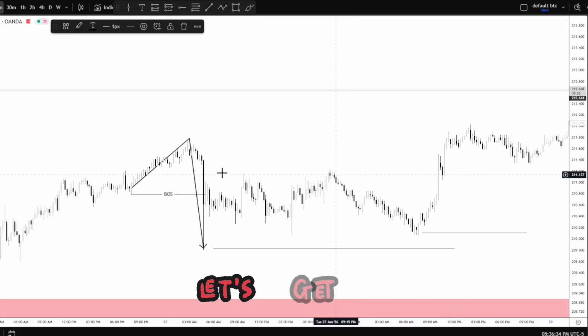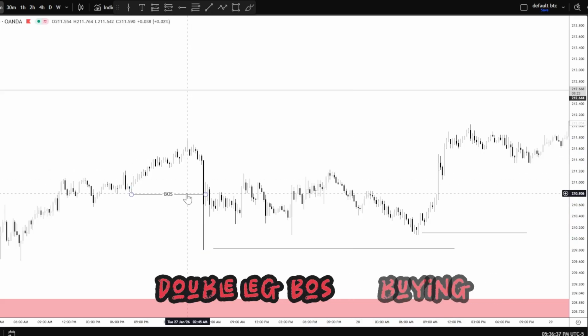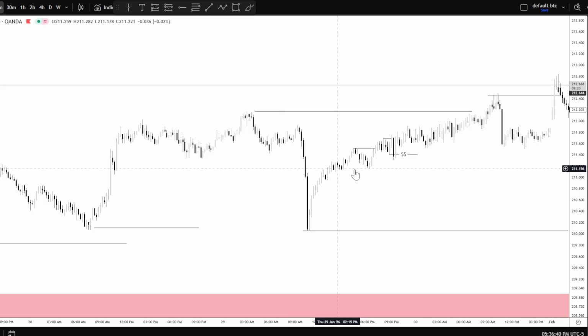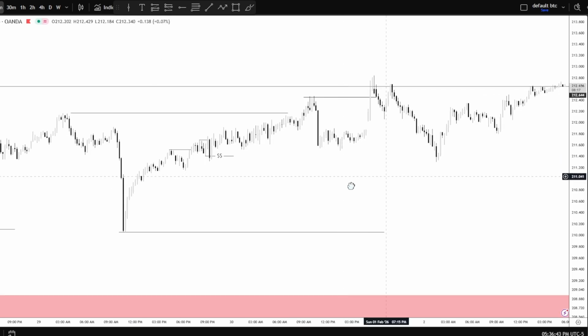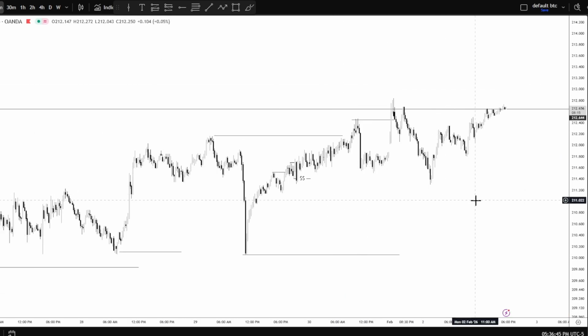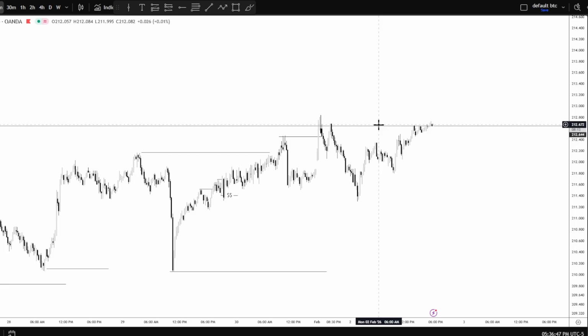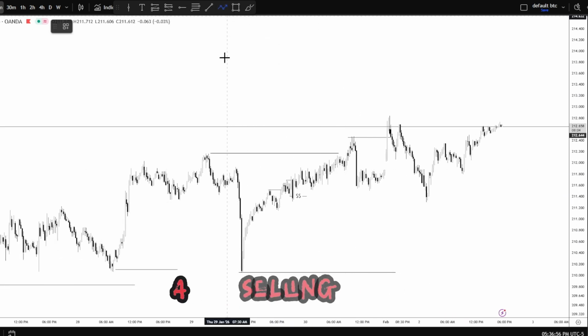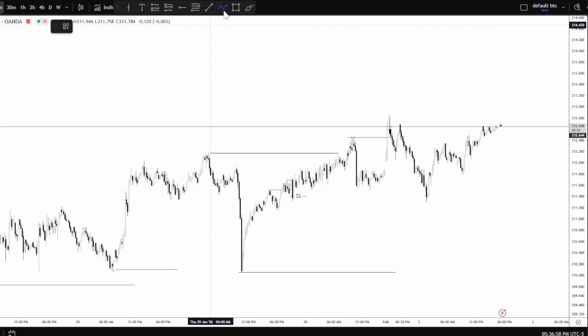Let's get to the double leg BOS buying and selling. Okay, so we have a selling break of structure.